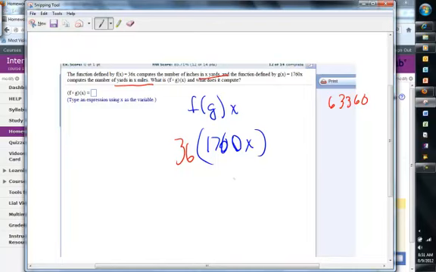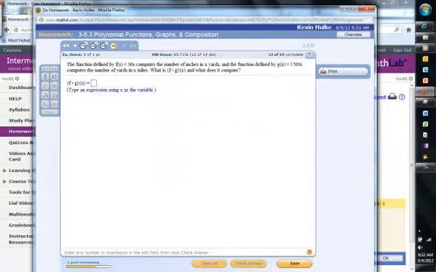It says this is the number of inches in x yards, and this is the number of yards in x miles. So we have inches in yards, and then we have yards in miles. So if you notice, we're going to be getting the number of inches in x miles.